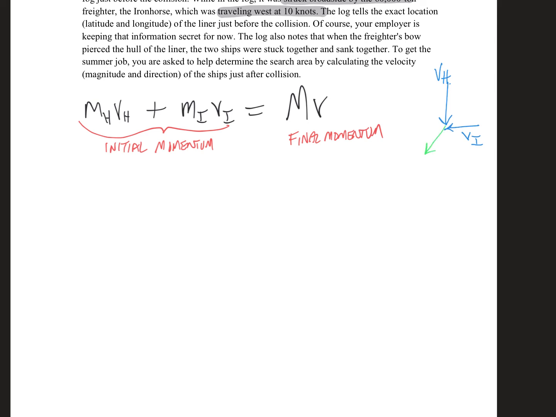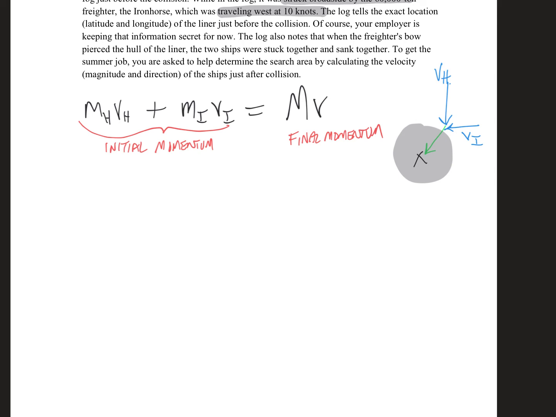So that means there's going to be some sort of resulting motion out in this direction. This would be how, if they know where they collided and at what speeds and their masses, they could estimate somewhere in here is where the treasure is, where the sunken stuff is. All right.